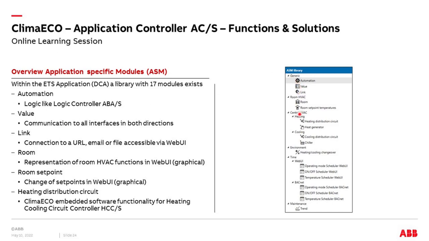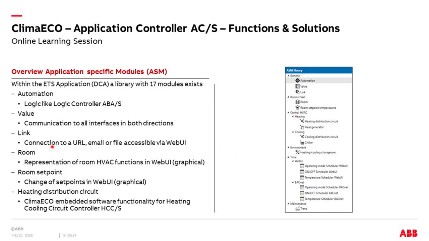Value is just to create data points. Data points to KNX, data points to BACnet. So you can parameterize a data point type. So the direction of communication can be parameterized, and then you can communicate to outside. Even to the WebUI, to the web user interface is done via these value ASMs.